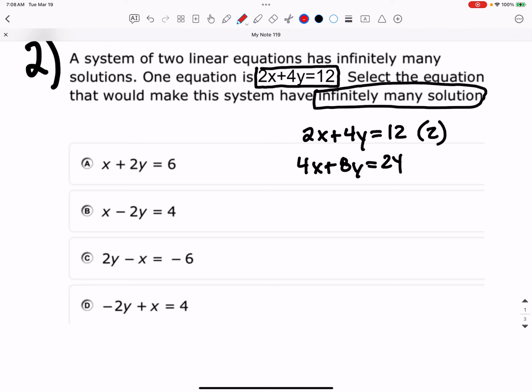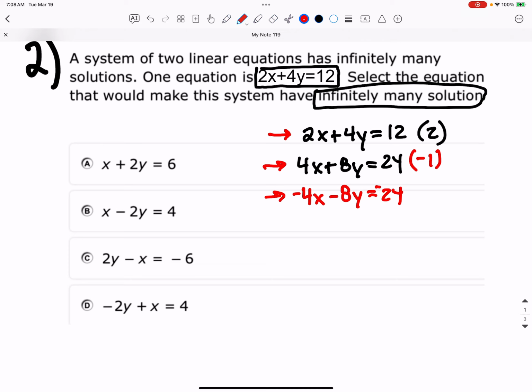Maybe I wanted to multiply by -1. And now I turn it into -2x minus 4y equals -12. That would also have infinite solutions, because really all these equations are the same equation. You've just made it look different, but they're the same thing. So can I make this one smaller?